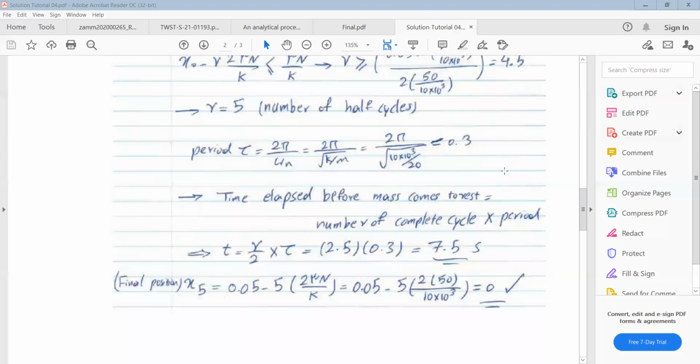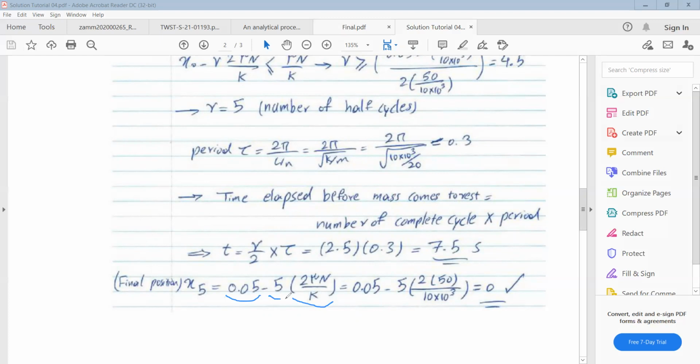And finally, to find the final position of the particle, we know that it will have 5 half cycles, and in each half cycle the amplitude will be decreased by 2 mu N divided by k. The initial position is 5 centimeter, or 0.05.